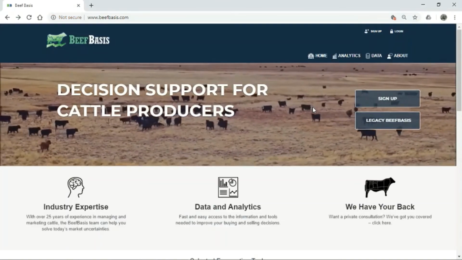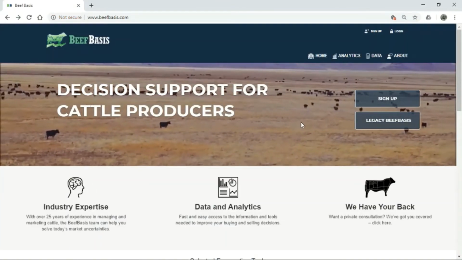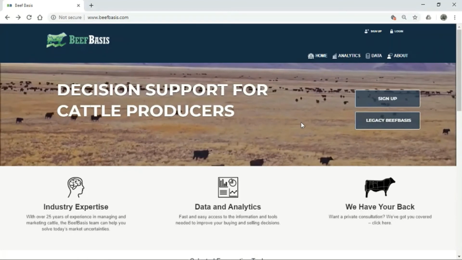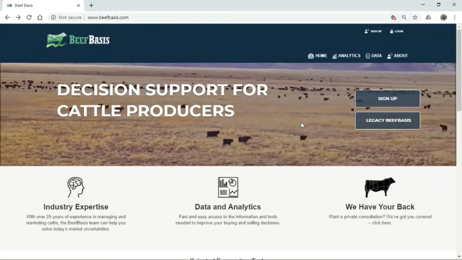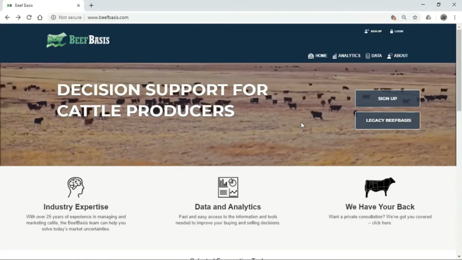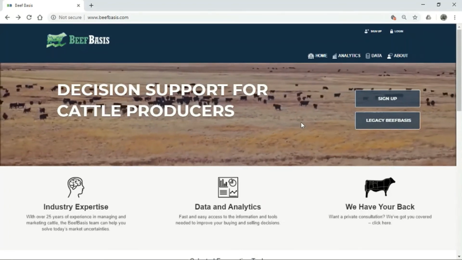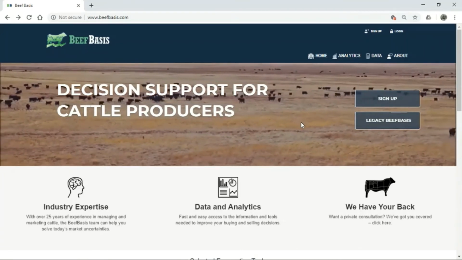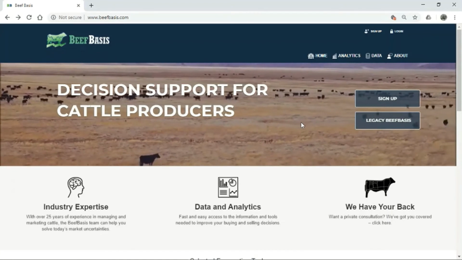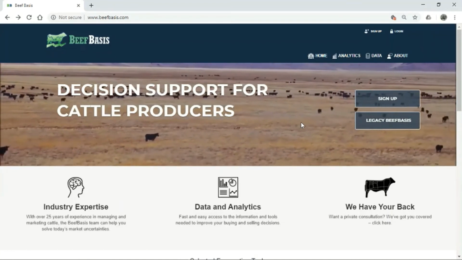The reason beef basis is important is that feeder cattle futures represent around an 800-pound steer. The price of an 800-pound steer can be expected to be much different than the price of a 500-pound steer or a 600-pound heifer.